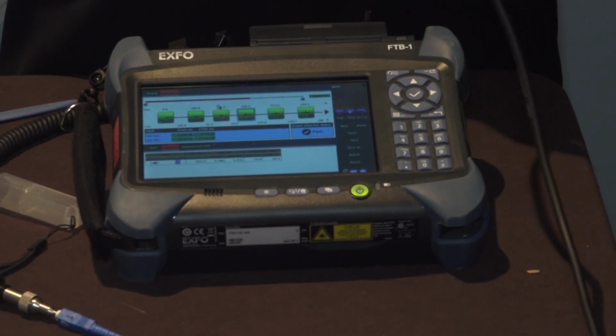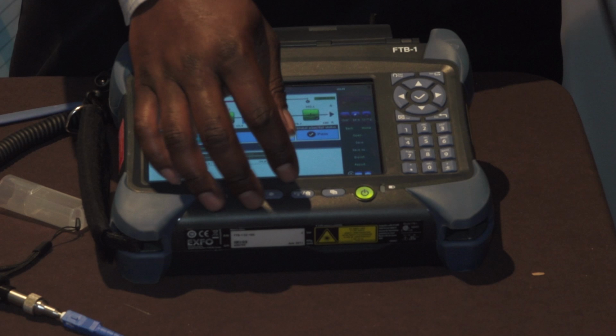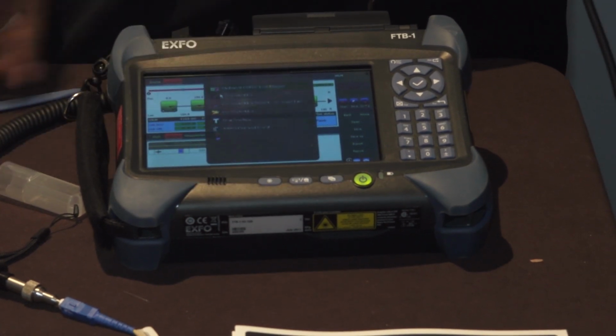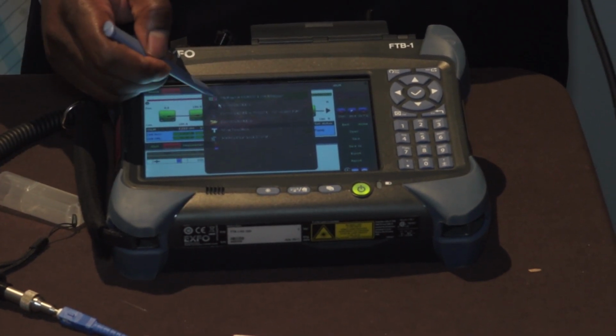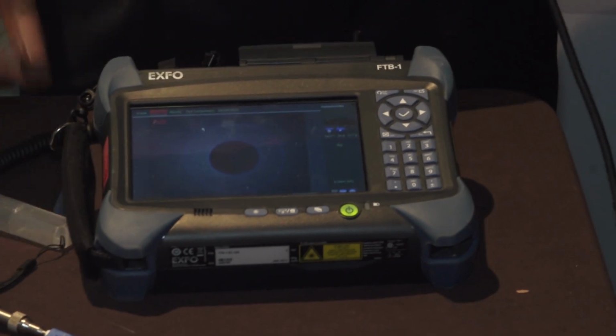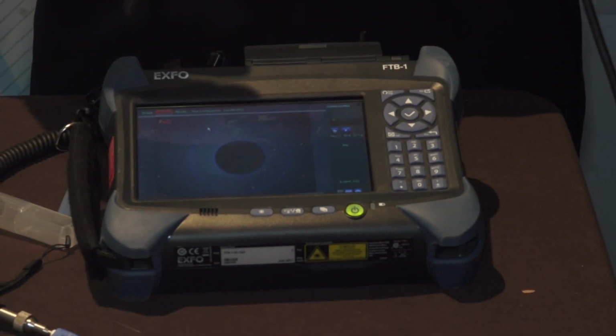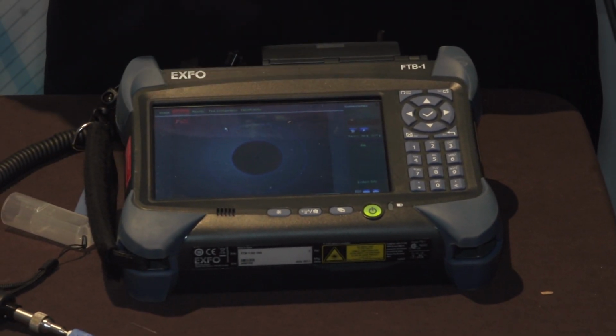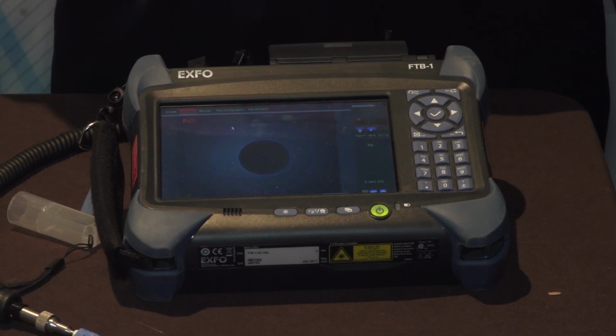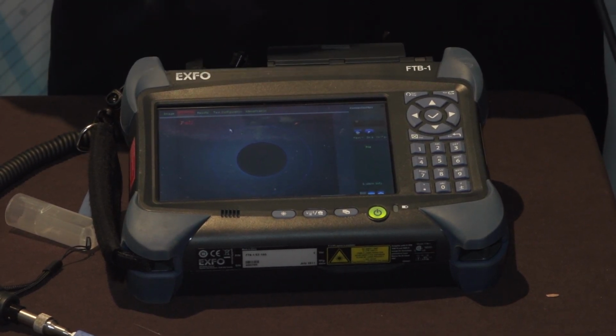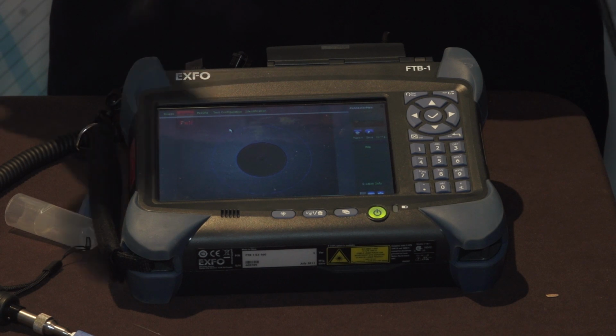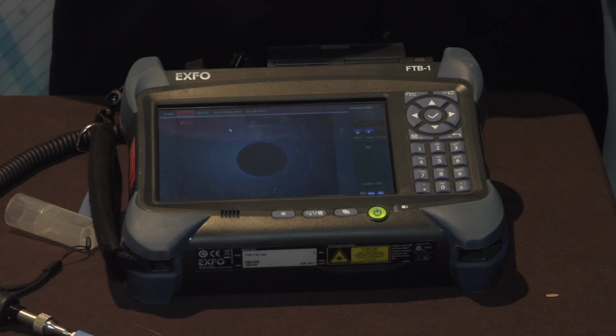The second part of our solution is probably the most critical part, and I'll show you that real quick: the inspection process. One of the most critical things in any network today is keeping the network clean. You want to make sure it doesn't have scratches, defects, or contamination on any of your connecting points.